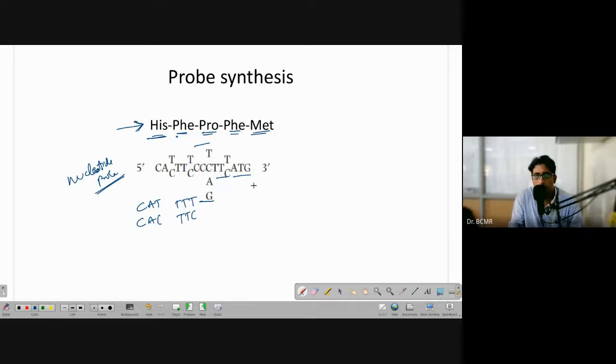So they are going to make a probe. In this particular case, any one of the sequences is correct, right? Not all of them. So you can have what you call a mixture of probes.